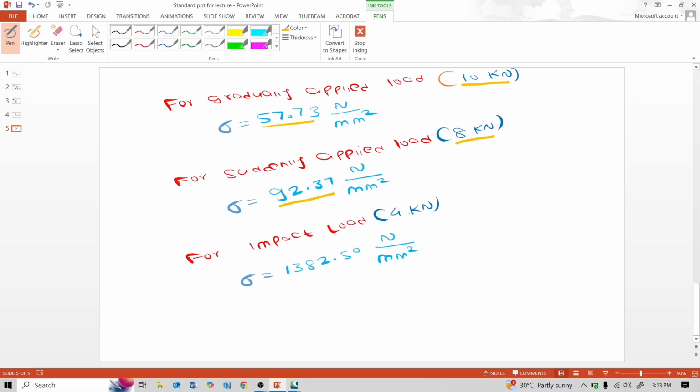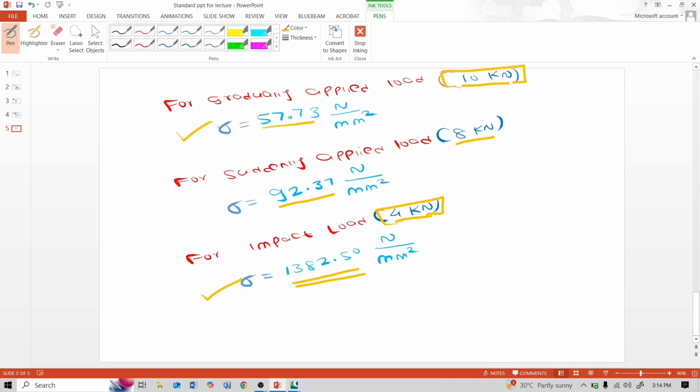And this impact load is very small compared to suddenly applied load and gradually applied load. It is half of gradually applied load and half of suddenly applied load, and stress is maximum than both of these. So see, this is the difference. For impact load, even if this load is minimum, the stress comes maximum, and for gradually applied load, even though this load is maximum, the stress comes minimum. So this is the difference between gradually, suddenly and impact.